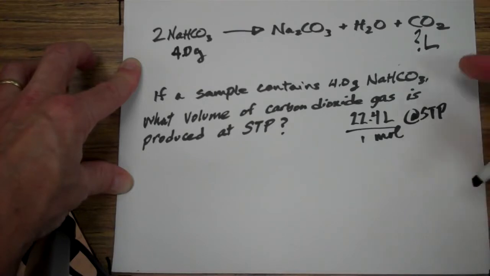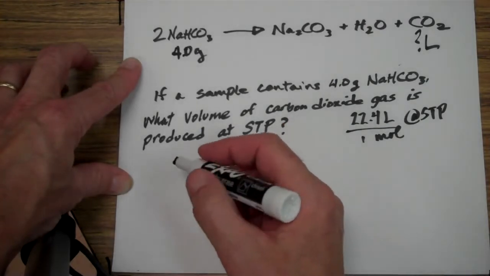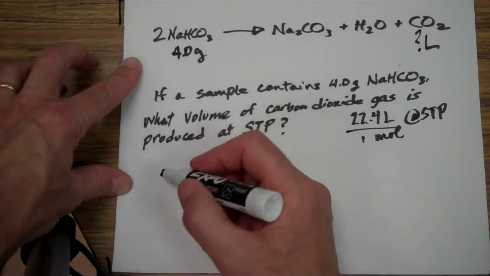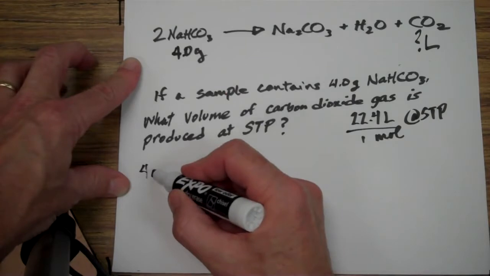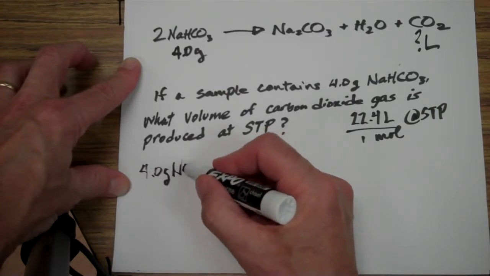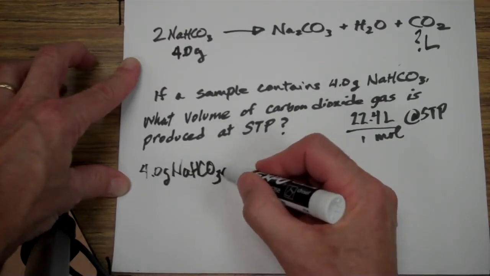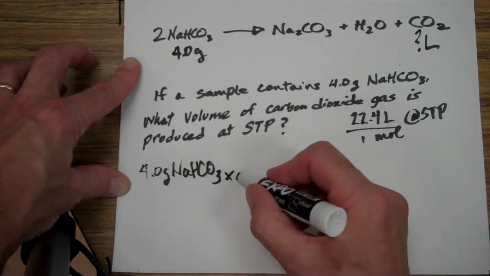So that equality will probably serve me well here. So we're going to start with our 3 steps, and I'm starting with grams. That's what we're given, 4.0 grams of sodium bicarbonate, or sodium hydrogen carbonate as it's sometimes called.